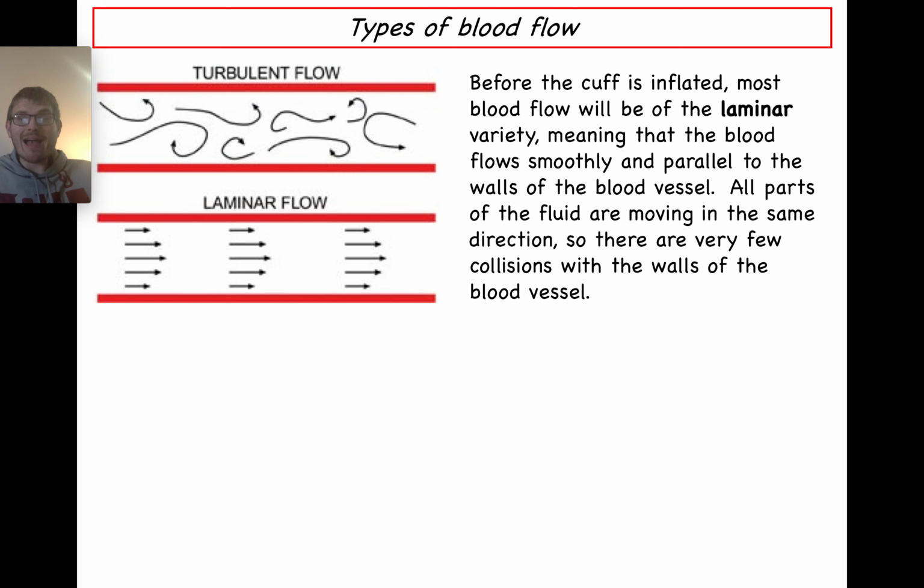Before that cuff was ever inflated, as you are sitting in front of your computer screen right now with no cuff restricting blood flow, blood is moving through your arteries and through the rest of your body in what is called laminar fashion. Laminar blood flow means that all the different components of the blood are flowing parallel to the walls of the blood vessel, meaning everything is nice and smooth, moving in the same direction.